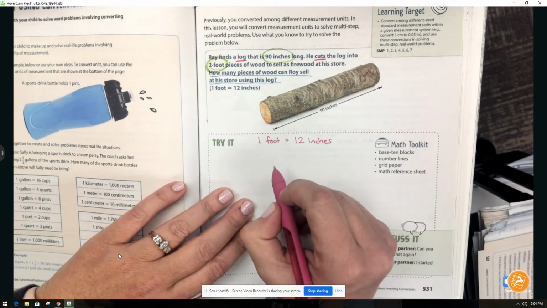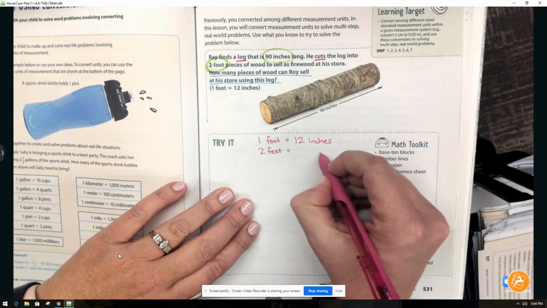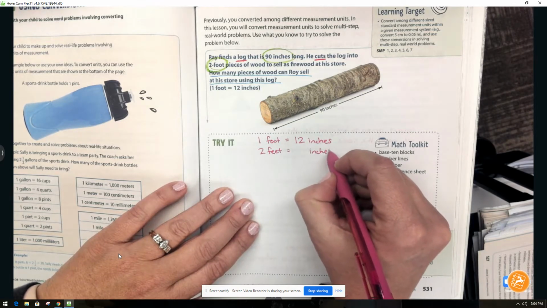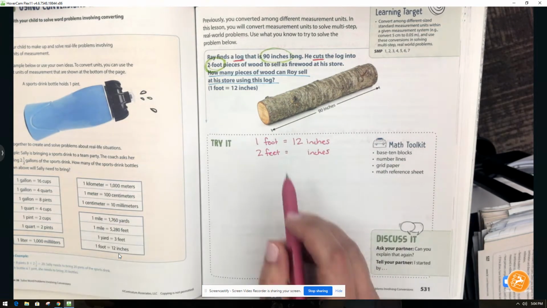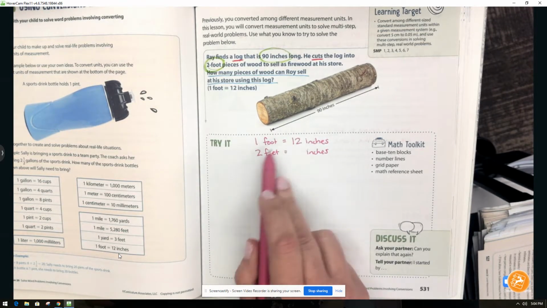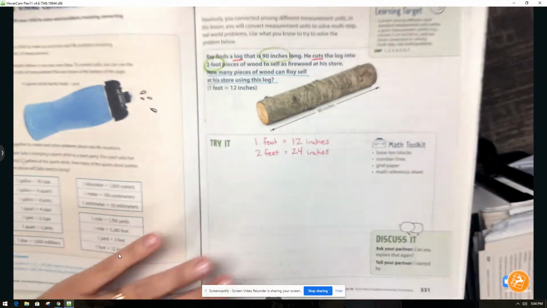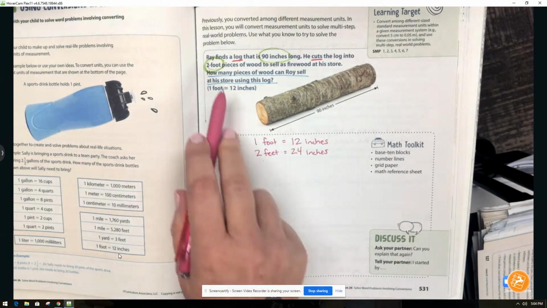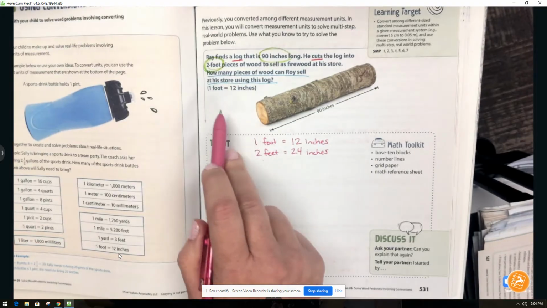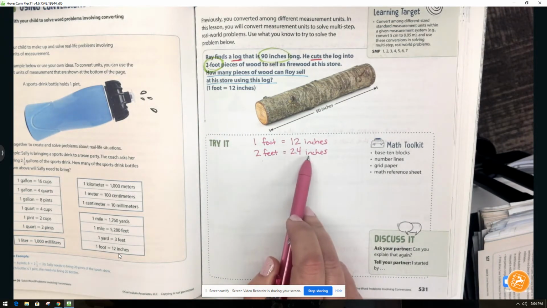So if we have 2 feet, 2 feet will be equal to how many inches? Well, we just need to double 12 because 1 foot is 12 inches. So 2 feet is going to be 24 inches. So we know that we need to cut the logs into 2-foot pieces, or 24-inch pieces.